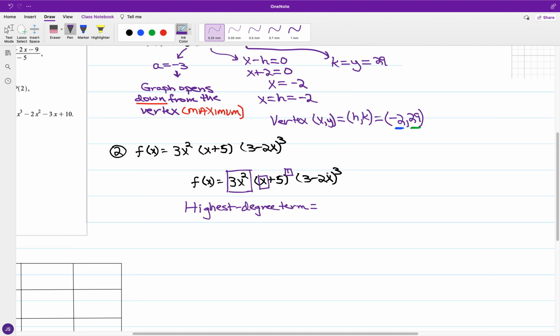For 3 minus 2x, between 3 and negative 2x, negative 2x is going to be the higher order term in x, and from the cube of this expression, we take that term and raise it to the third. So from the front, again we have 3x squared.